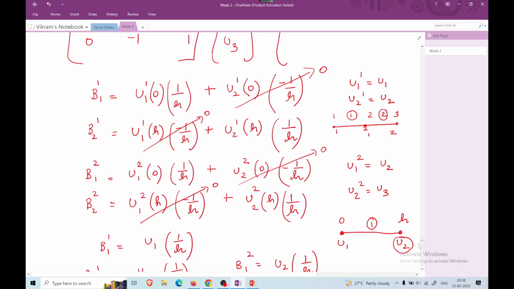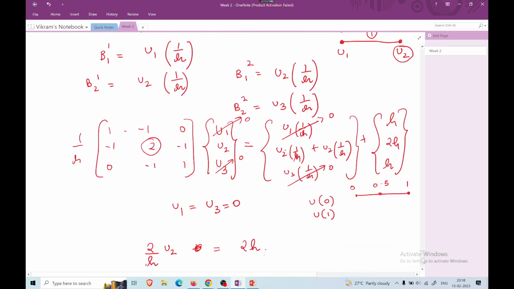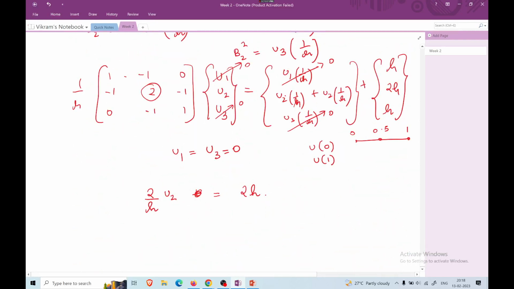Okay, we'll see this. So this actually should be 0. It should come minus. Somewhere I have made a mistake. So let us see. So this will be 2h, so u2 is equal to h square. This is what I am getting.